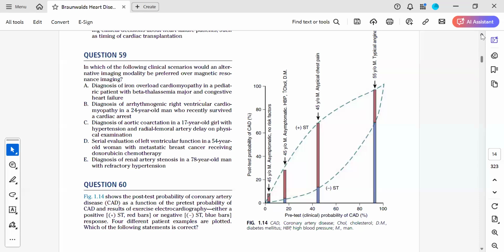If a patient has the clinical symptoms and physical examination reveals findings suggestive of that particular disease, then the patient is said to have a high pre-test probability, particularly if the diagnostic test comes out positive.